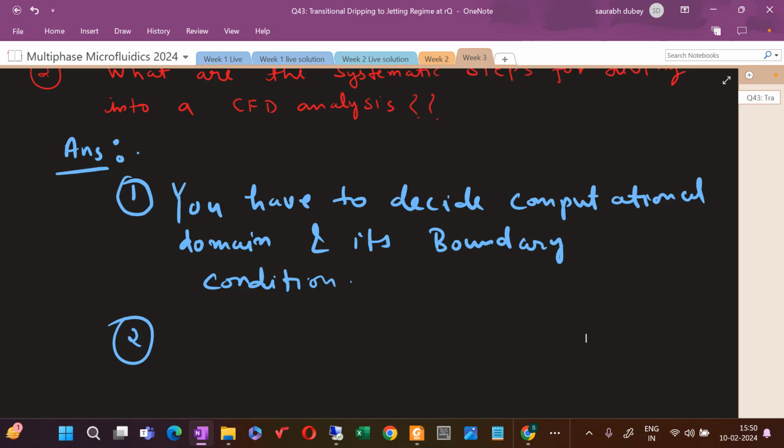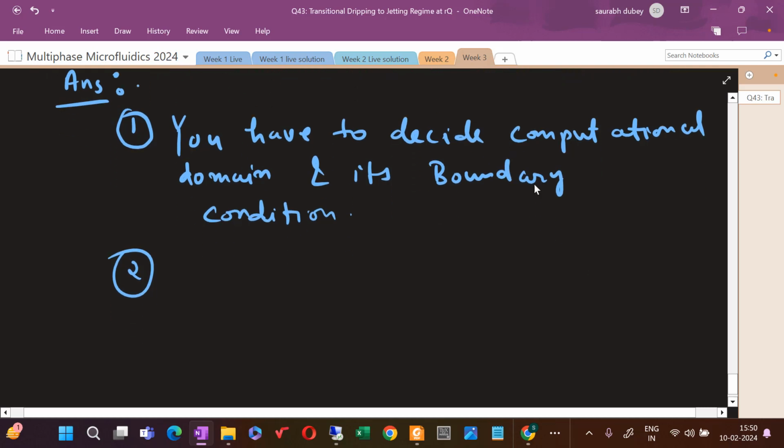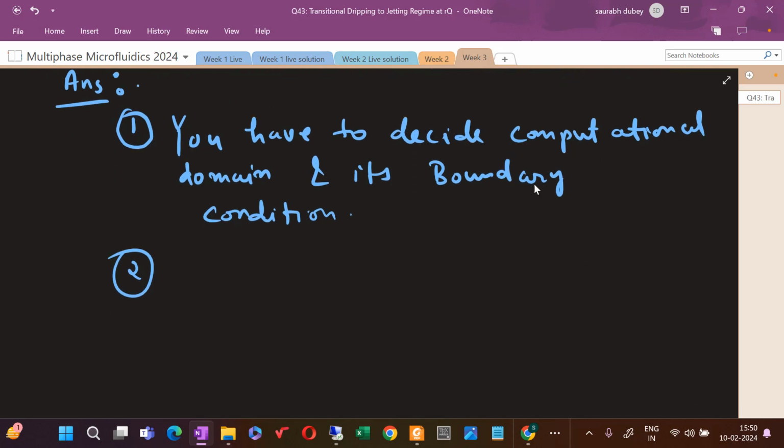Those include Dirichlet boundary condition, Neumann boundary condition, and combinations of both. That is a bit involved. When you go deeper into the subject of CFD, you will come to know about that. But the basic structure to dive into this CFD domain is that first you decide the computational domain that you want to solve and then decide its boundary condition.